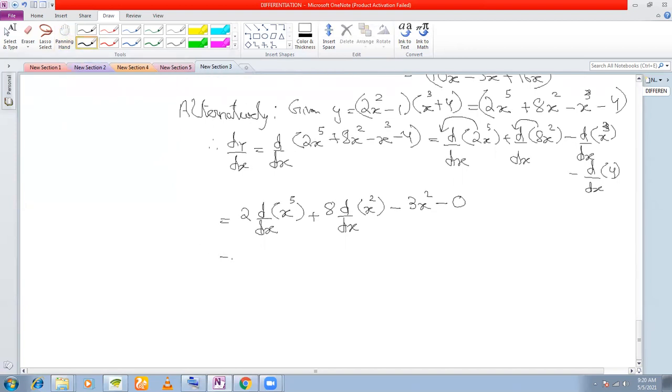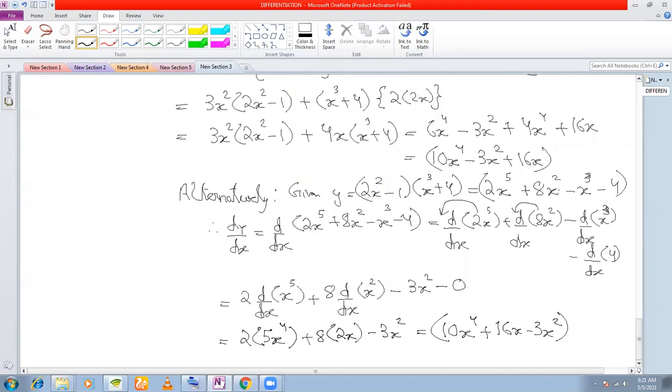Now in the next step, twice, now we'll differentiate x to the power of 5. That is 5x to the power of 4, plus 8 times 2x, minus 3x square. Okay, so ultimately you get 10x to the power of 4 plus 16x minus 3x square, as we were getting earlier. Just as we were getting earlier, we're getting this now.